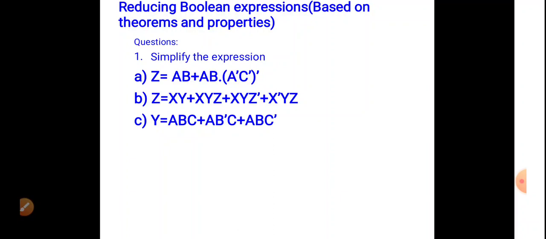So in order to reduce the power as well as the cost of the circuit and to design circuits most effectively, we minimize these expressions as much as possible. This is the basic advantage of minimizing Boolean expressions by using these laws and theorems.